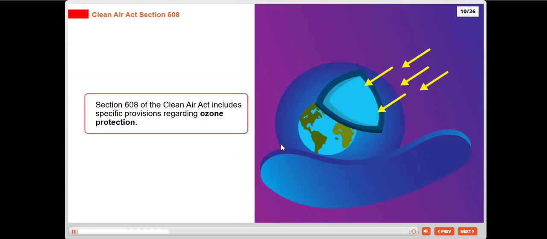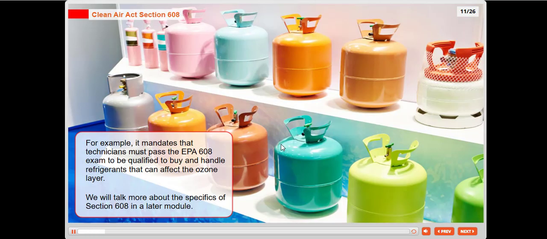Section 608 includes specific provisions regarding ozone protection. For example, it mandates that technicians must pass the EPA 608 exam to be qualified to buy and handle refrigerants that can affect the ozone layer. We will talk more about the specifics of Section 608 in a later module.